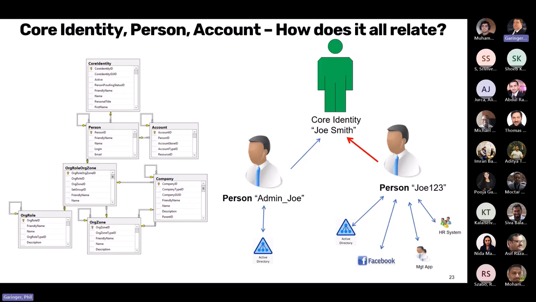So I can go into the system, look at the core identity for Joe Smith, and see both Admin Joe and Joe123. I can see on one pane of glass both those people, all the accounts that all his identities own, and all the groups that all his identities have.